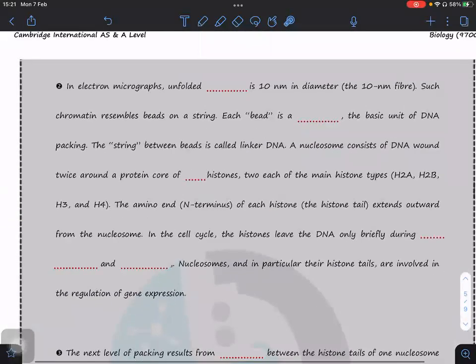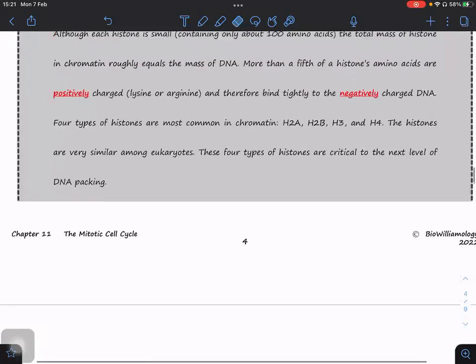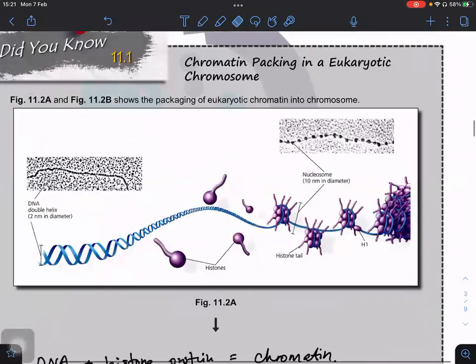In the electron microscope, unfolded chromatin is about 10 nanometers in diameter. Such chromatin resembles beads on a string. Each bead is a nucleosome. We have seen this just now. Can you see that?